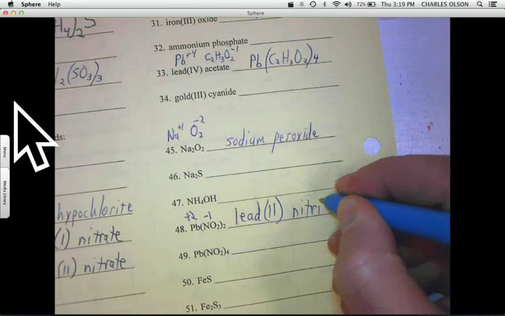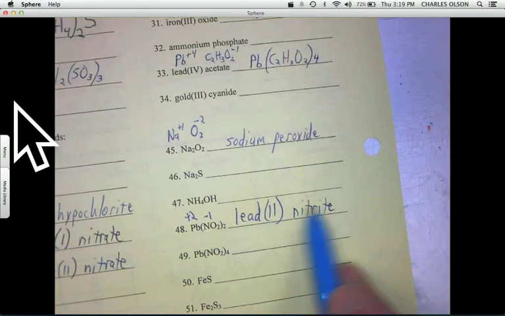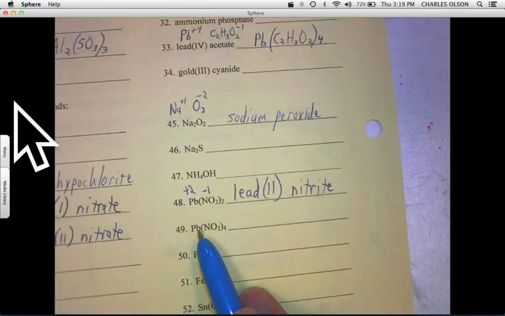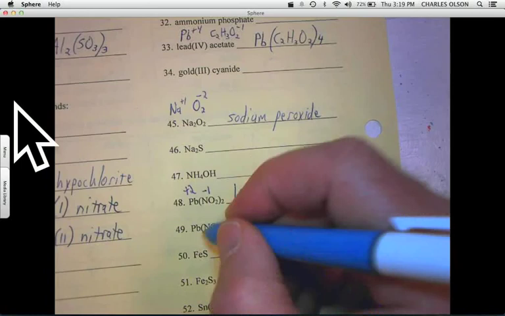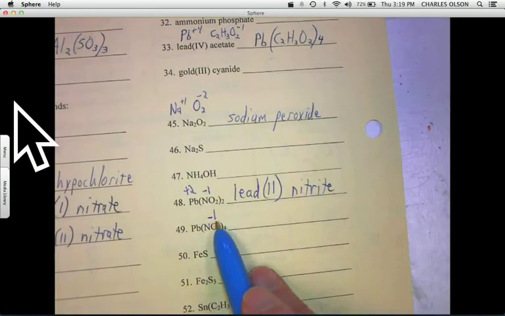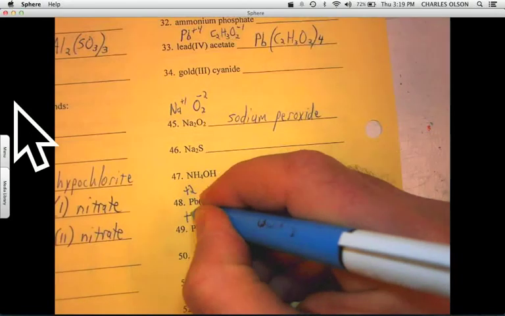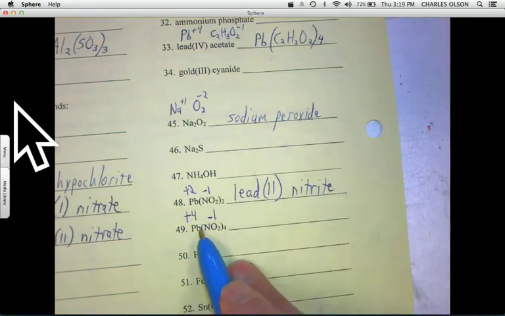In contrast, here is lead with 4 nitrite ions. Since each nitrite has a -1 charge and there are 4 of them, now we must have a +4 lead ion, Pb +4.